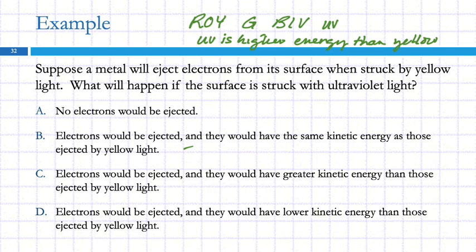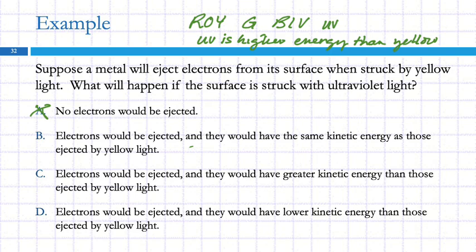So that must correspond to at least the binding energy or the price of admission to Disneyland. What's going to happen if I shoot higher energy at it? Are electrons going to be ejected? Sure. So it's not A. No electrons are going to be ejected.